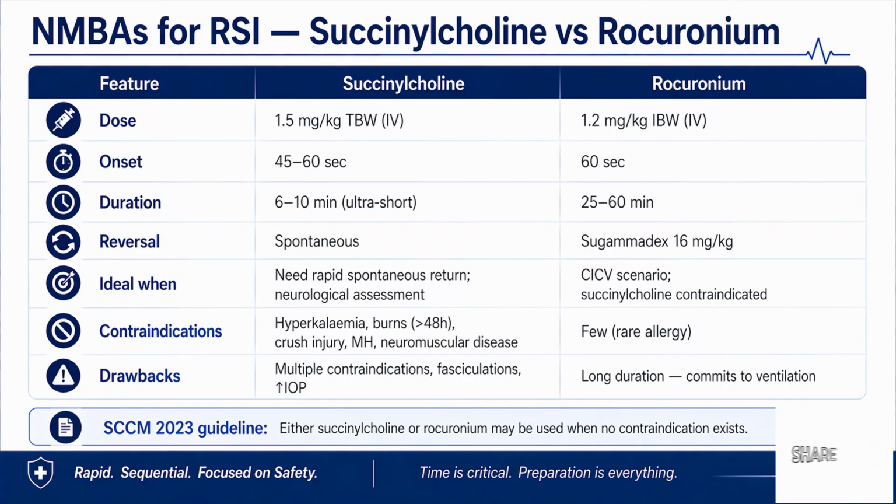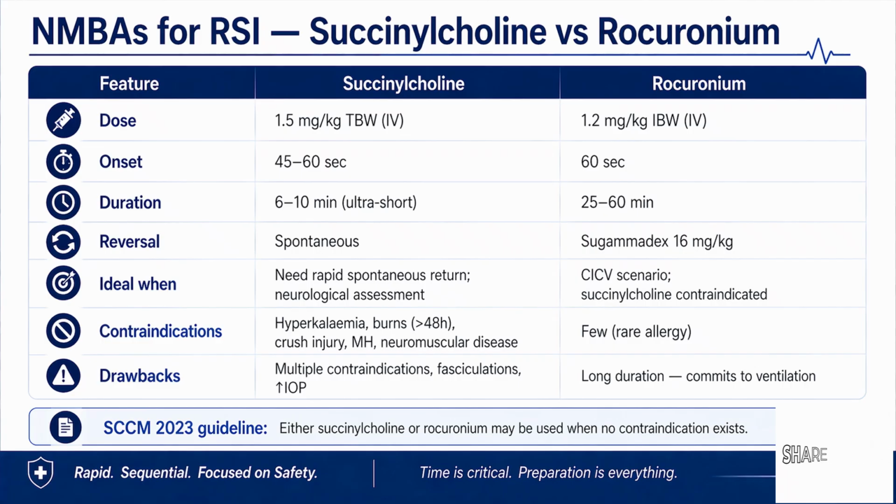On the other hand, rocuronium is longer acting. It is much safer in critically ill patients, and it is being increasingly preferred in modern day practice. It does not reverse on its own. It has a specific reversal agent called sugammadex. If you give sugammadex at the recommended dose of 16 milligram per kilogram, then you can reverse the patient from rocuronium immediately. Remember, once paralytic agent is given, the oxygenation becomes entirely dependent on the airway team.